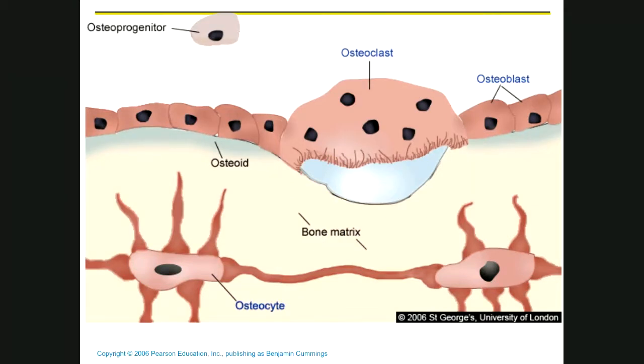I can get bigger, I can get smaller. But because I'm building some areas and removing others, I can change the shape of a bone. Some areas get built up, some areas get removed. So I can change the shape. I can remodel the bone.